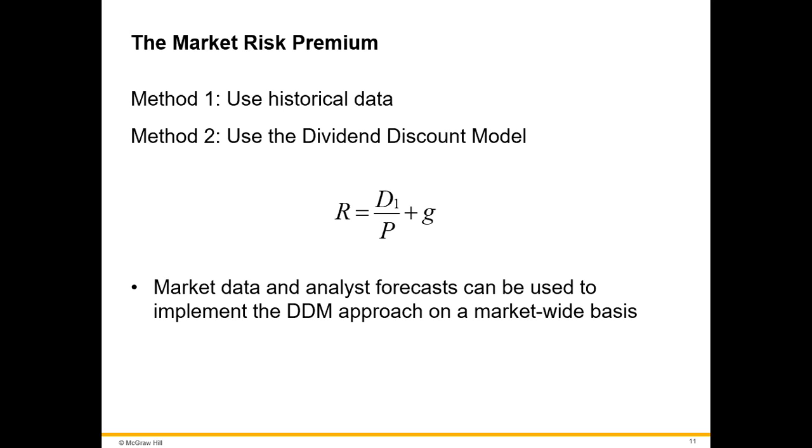And it came out to be that the market risk premium is about 7%. So that's one way of determining the market risk premium. Now, to determine your overall required rate of return, you would take your market risk premium times the beta for the stock plus that risk-free rate.